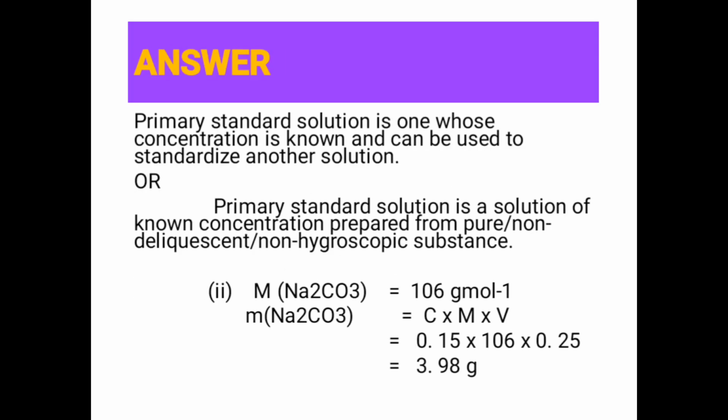If you don't want to do it that way, since n is equal to concentration times volume, and n is equal to mass over molar mass, then mathematically we can say mass over molar mass is equal to C times V. Then mass therefore is equal to C times V times molar mass, and that's what we did here.